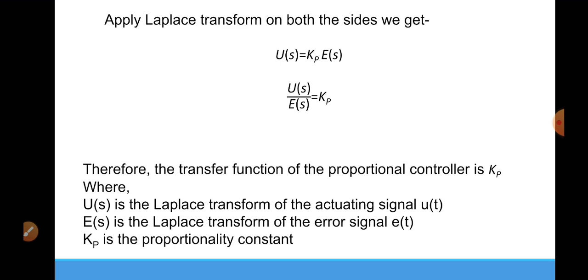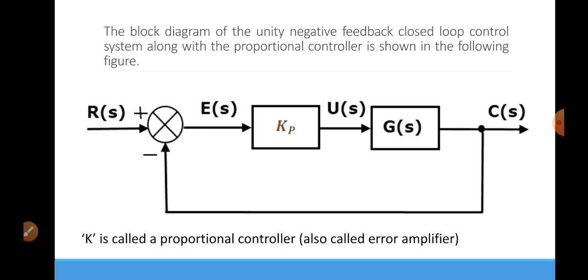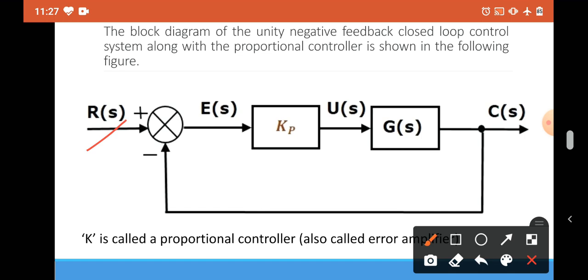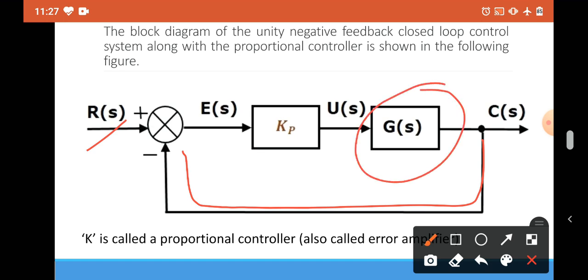Now let us see how the block diagram of a proportional controller looks. Here we have R(s), that is your input signal. This is your feedback, a negative type of feedback. This is your plant which has gain G(s). Now this is your proportional controller, say this is K, and its gain is given by Kp.